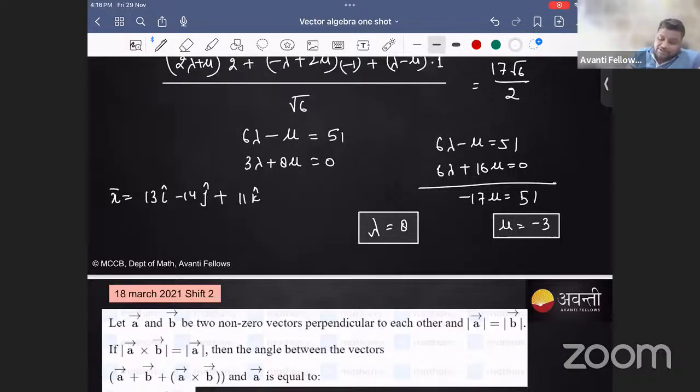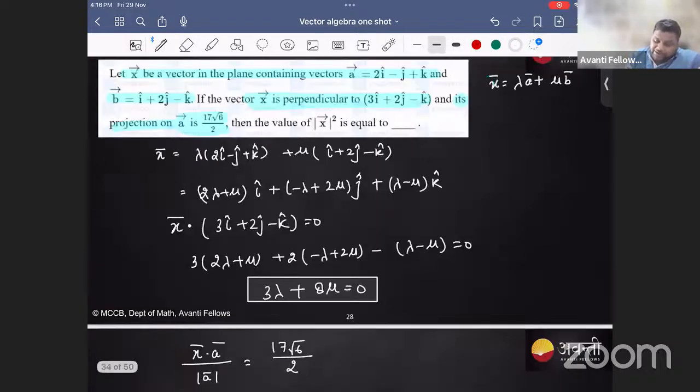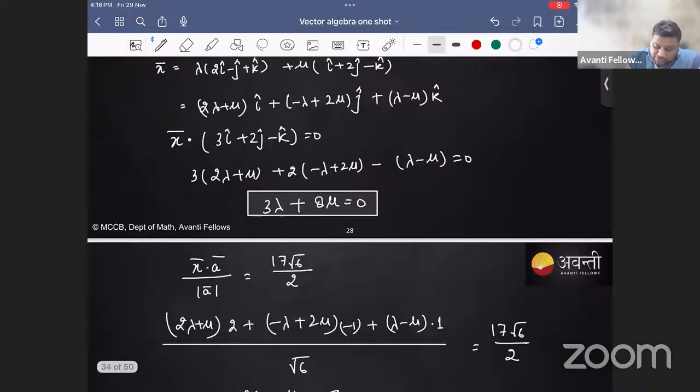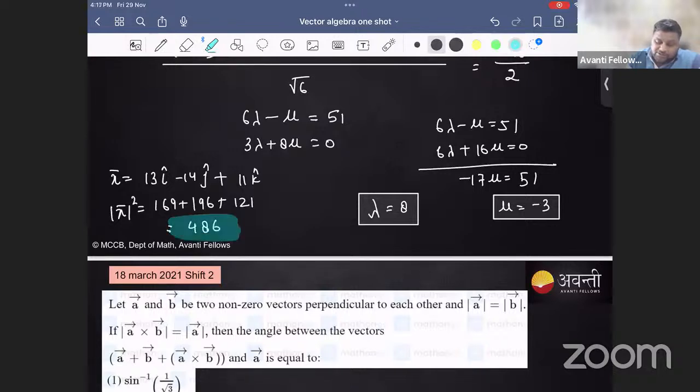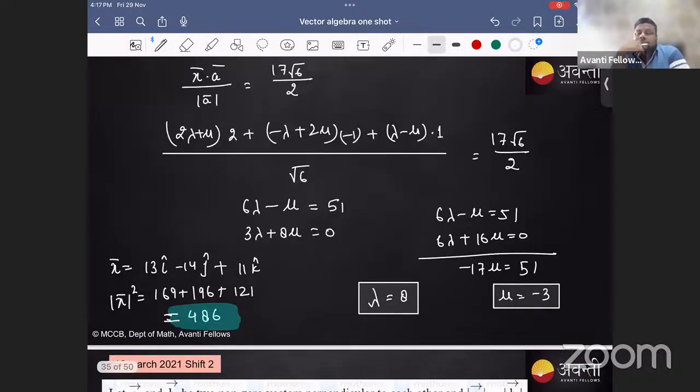So what are they asking you? They are asking you magnitude of x whole square. So magnitude of x square is going to be 169 plus 196 plus 121. If you add all of them, you are going to get 486. This is your answer. Am I correct? Bhagat, understood?